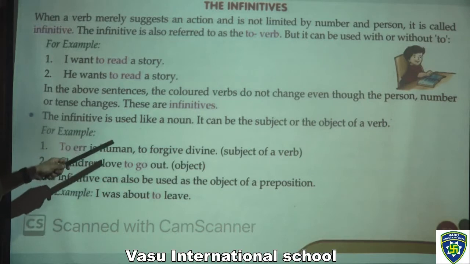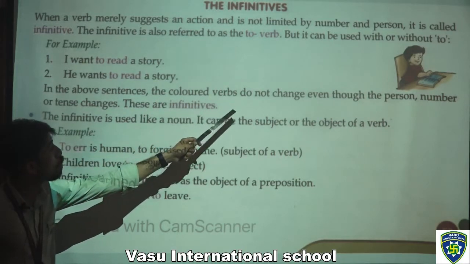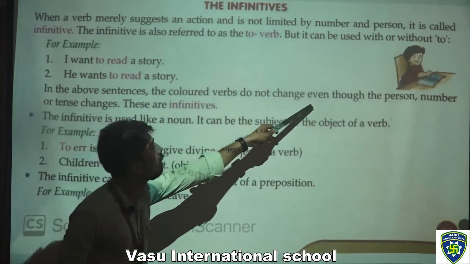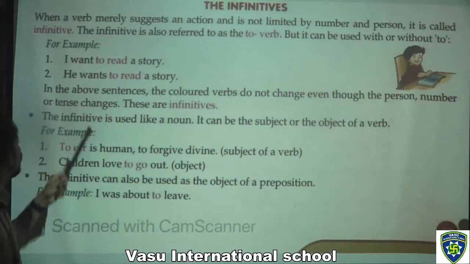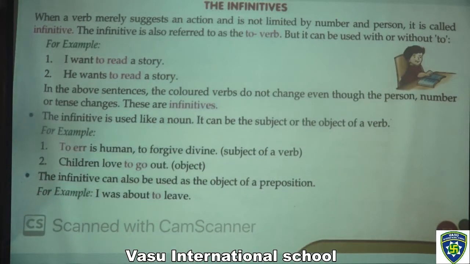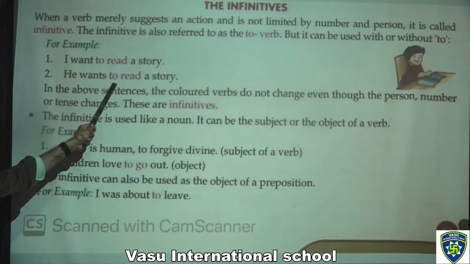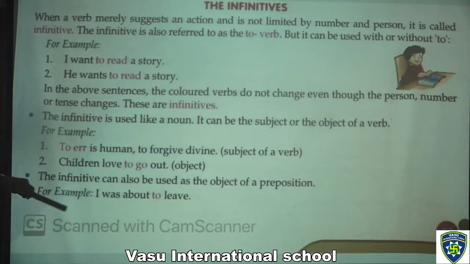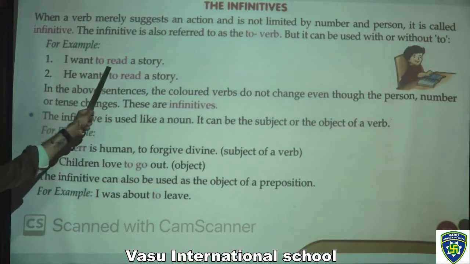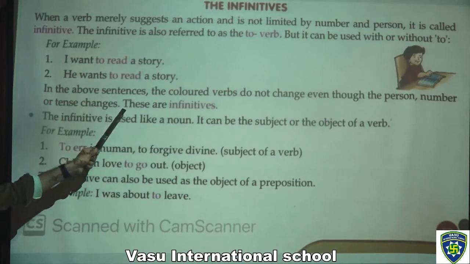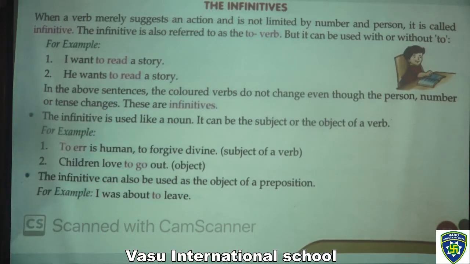In the above sentences the colored verbs do not change even though the person, number or tense changes. These are infinitives. These colored words do not change even if the tense is changed, and these are called infinitives.